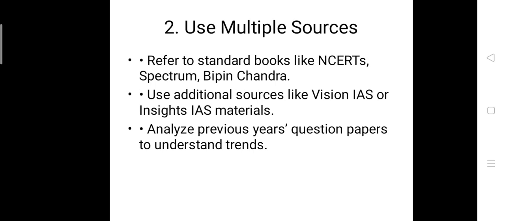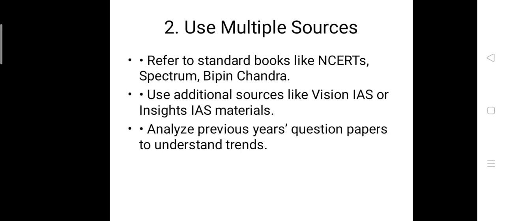The other books can be used only for revision, along with additional sources like Vision IAS or Insights material from different coachings. You can add their topics to enhance the quality of your notes.